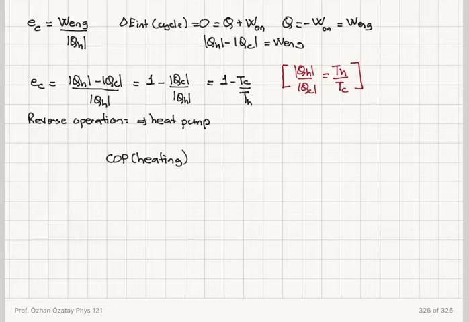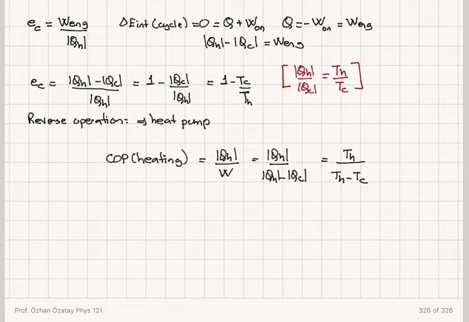In the heating mode, the useful output is the energy that we're providing to the hot reservoir, it's QH, and the energy that we're inputting is W. So it's going to be QH divided by QH minus QC, and with this suggestion, you can replace QH with TH, and this is going to be TH minus TC.